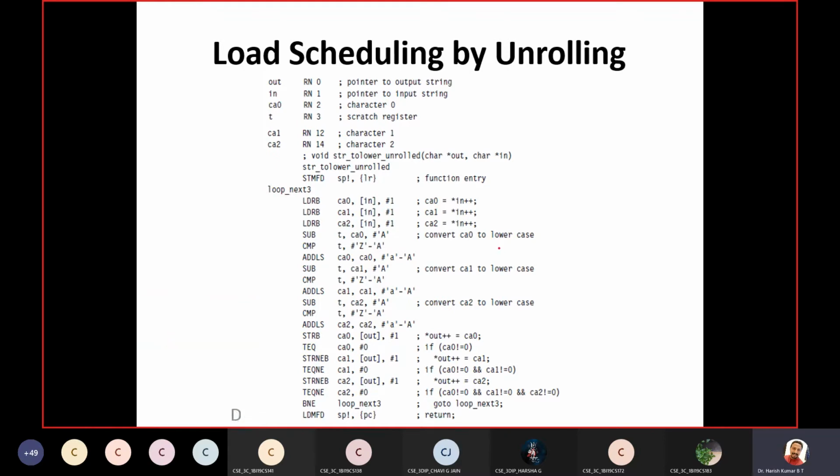So 3 times we are unrolling here. Say for example, what I'm doing now: I want to convert the 6 characters which are in uppercase to lowercase.